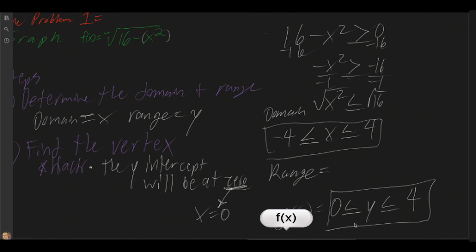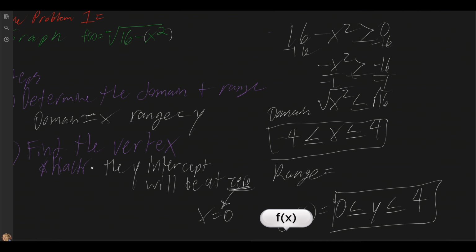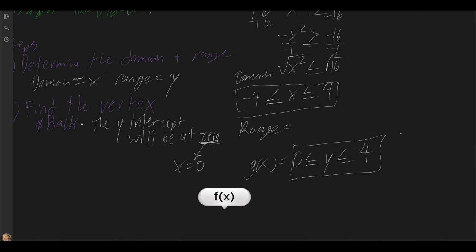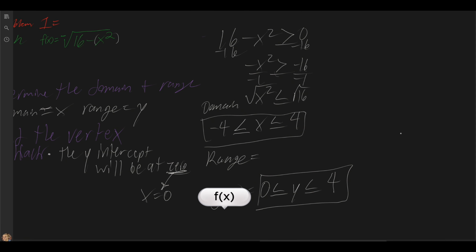And to better clarify, what I mean in particular is that since we already have our domain set up between -4 and 4, we can actually plug in values for x into our equation f of x is equal to negative square root 16 minus x squared, and then determine our range. It's a bit of a tip and a bit of a hack that we have over here. So for us to be able to graph this, let's just move this over here.